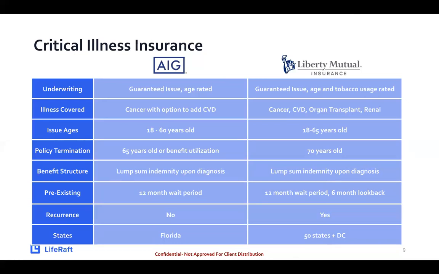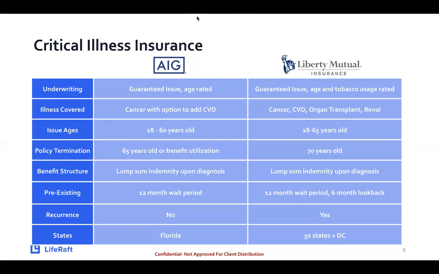So within a period of time from when you are buying the policy, have you been diagnosed with a critical illness? And most products out today are going to have somewhere between I've seen 12 to actually all the way up to 60 month, a 5-year look back period, right? With Liberty Mutual, there is a 6-month look back period.